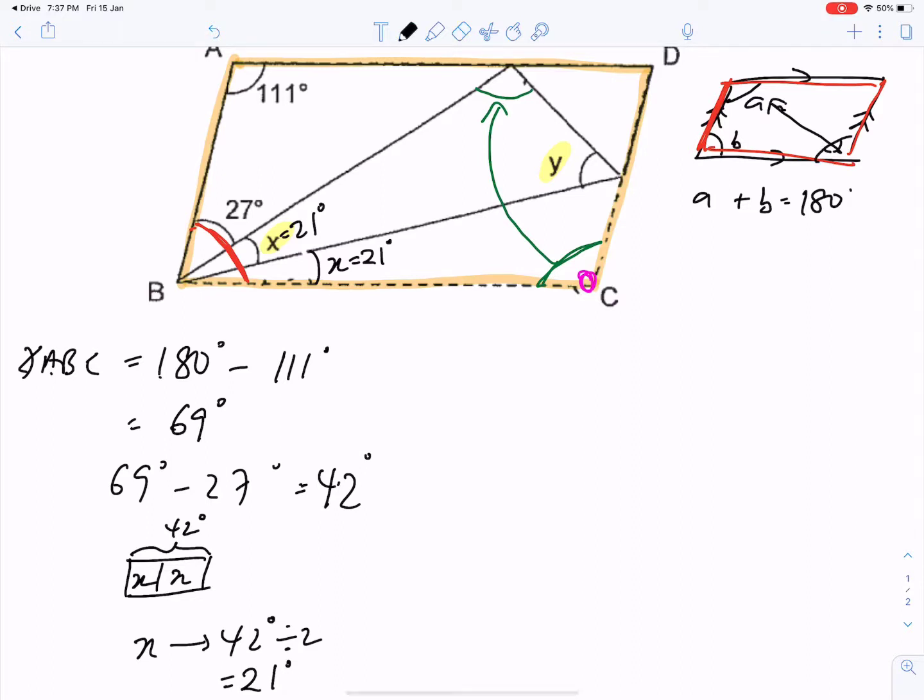So over here will have to be A as well. So for example, in this question, if we have 111 degrees here, the corner here will also be exactly the same. If this is 69 degrees, the corner here will also be 69 degrees. This works for a parallelogram. It also works for a rhombus as well. Take note of this angle property.